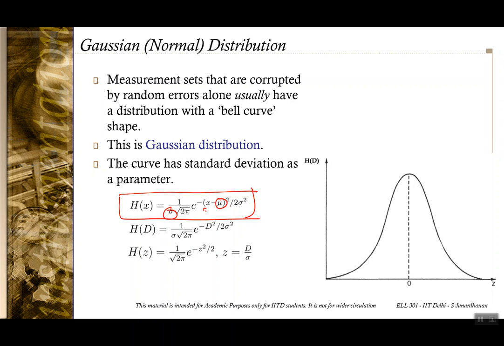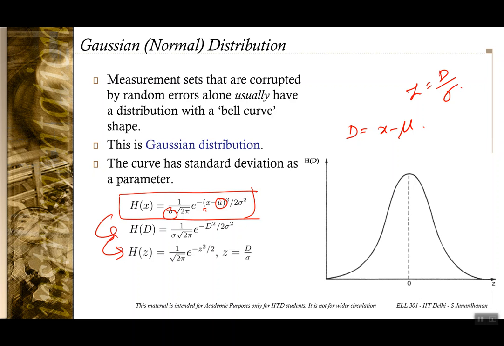Okay. Now instead of x and mu being used, we can use a deviation d, which is x minus mu, and get the expression in terms of d. In fact, it can be improved further by normalizing it and using z as d by sigma, and get the expression in terms of sigma itself.